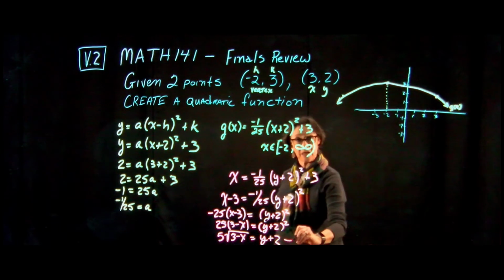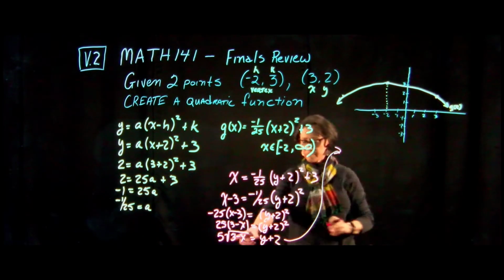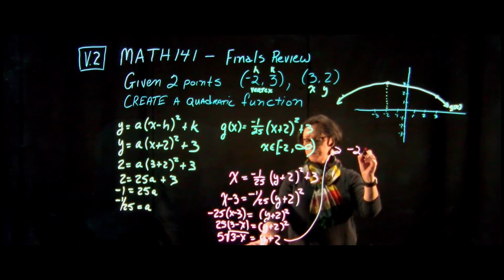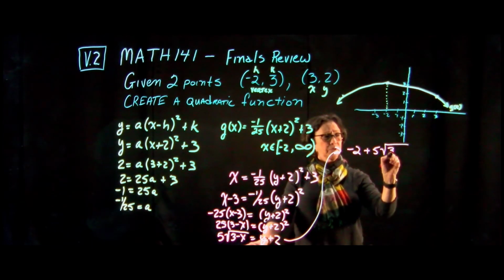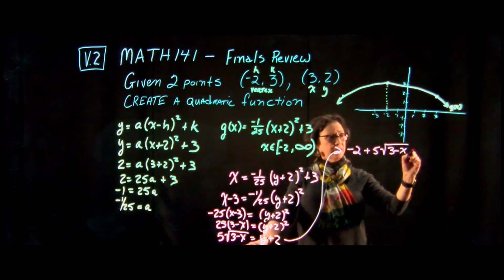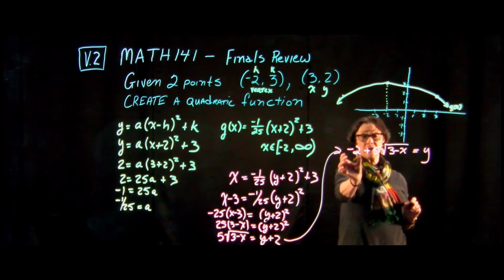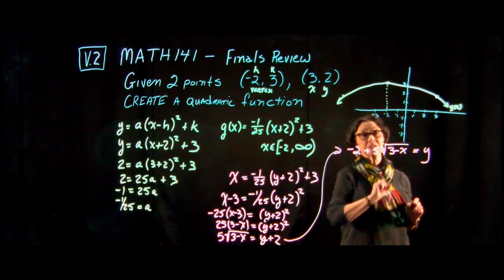I'm going to bring this up here so it's easier to see. And now I want to subtract 2 from both sides, so I'm going to minus 2 plus 5 square root 3 minus x, and that equals my y. It's conventional to put the term that does not have a square root in it to the left of the term that does.